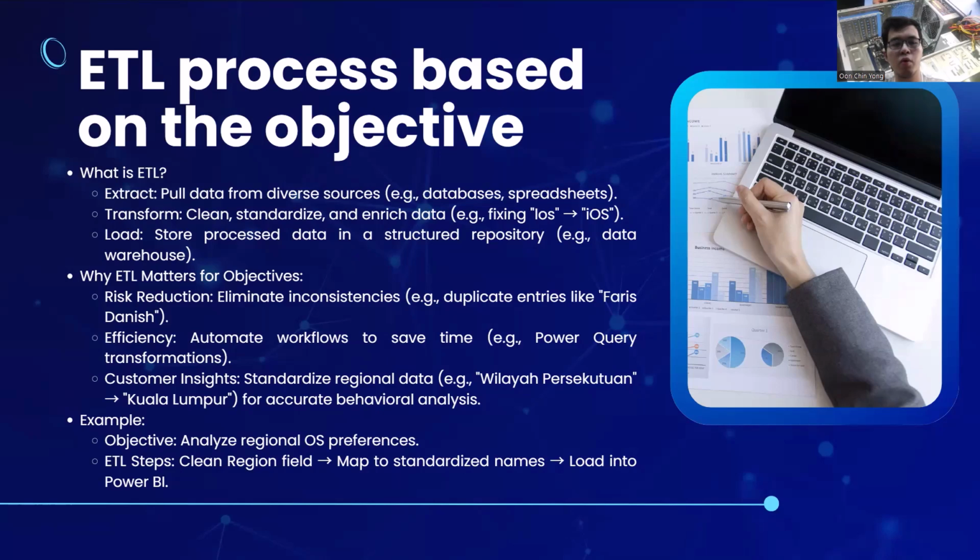The data will be pulled from diverse resources and then transformed to clean, standardize, and enrich the data. For example, to fix the letters and make them into a normal name, like i in small letter and OS in big capital letters. After the transform, the processed data will be stored in a structured repository, which we call load.